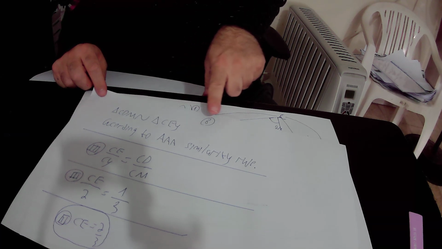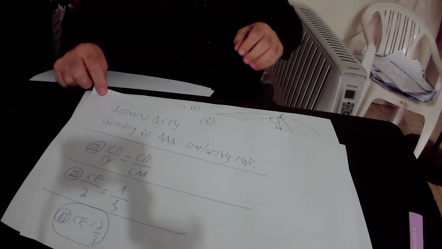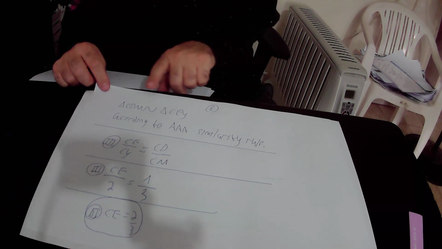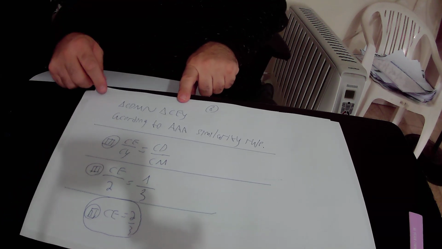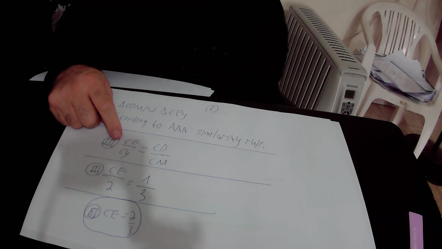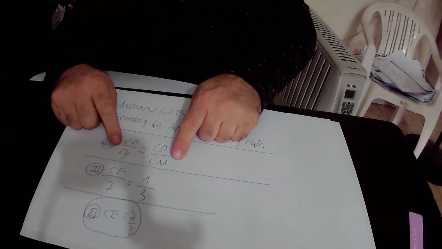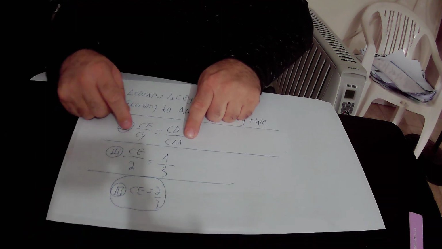And from the fact that triangle CDM is similar to triangle CEY, we conclude that CE over CY in triangle CEY is equal to CD over CM in triangle CDM.